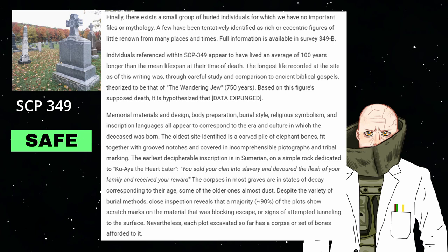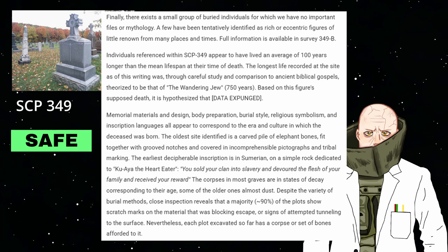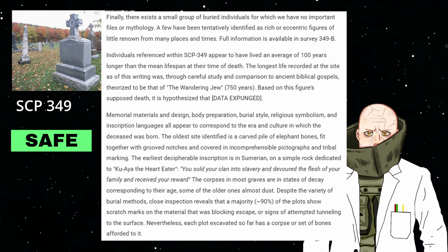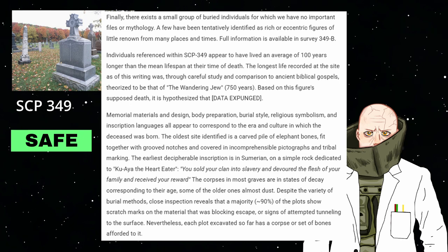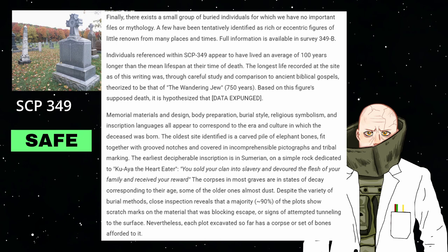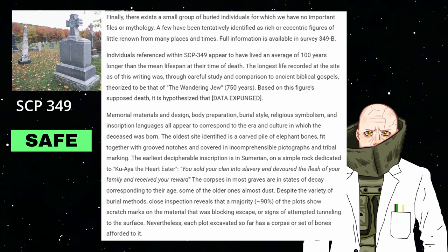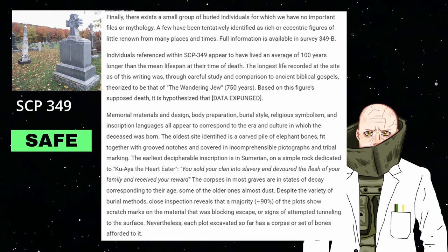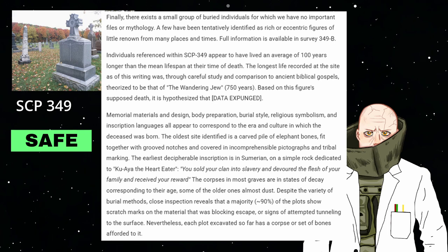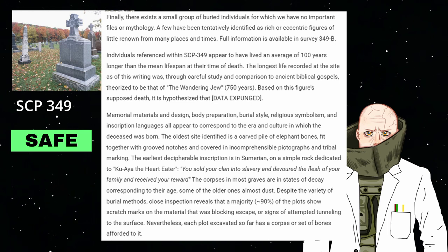Individuals referenced within 349 appear to have lived an average of 100 years longer than the mean lifespan of their time of death. The longest life recorded at the site, as of writing this, was through careful study and comparison to ancient biblical gospels, theorized to be that of the Wandering Jew, 750 years. Based on this figure's supposed death, it is hypothesized that Data Expunged.